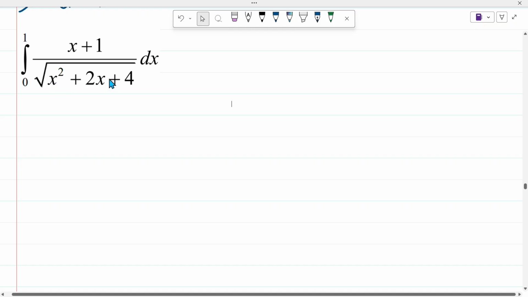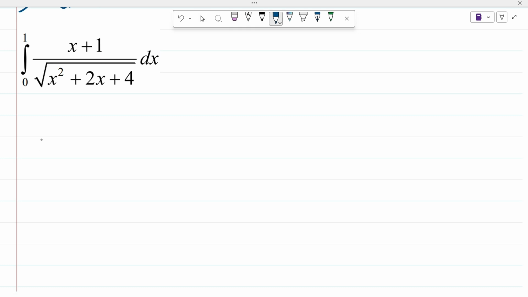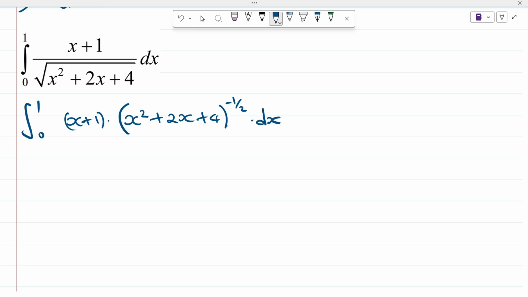It's 2x plus 2, but there we have x plus 1, meaning that we need to cook this. So we need to cook the 2 there. Before we cook, let's rewrite it like this first. So this is going to be the integral from 0 to 1 of x plus 1 times x squared plus 2x plus 4 all to the power of negative half dx.